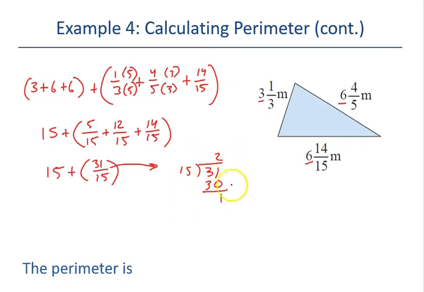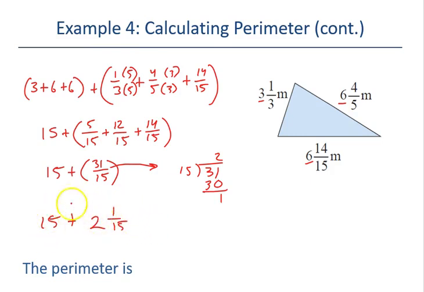So, my fraction here, notice I've got a new whole number now, which I need to add to the original 15. So now I'm going to have this 15, plus 2 and 1/15.